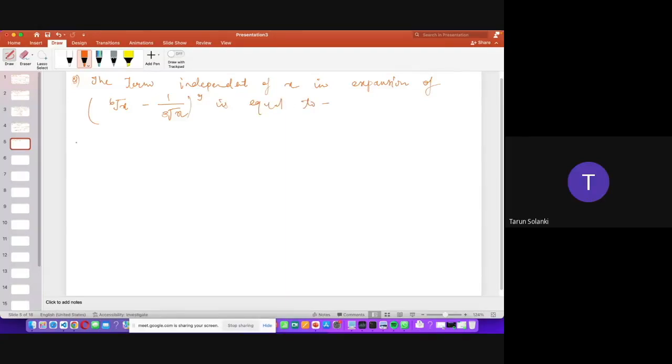Here we can see T(r plus 1) is equal to 9Cr (x under root 6... ) to the power 9 minus r, times (minus 1 by 3 root x) to the power r.